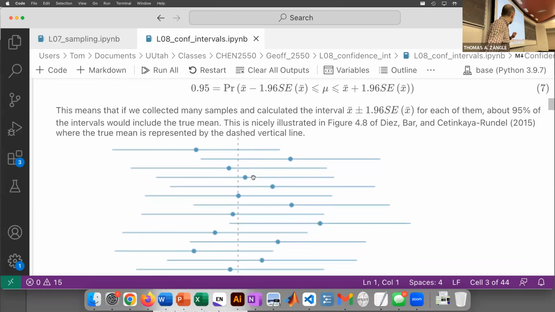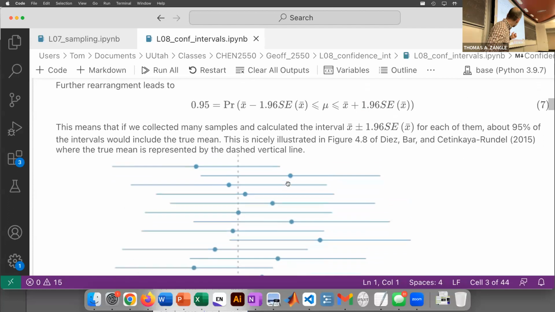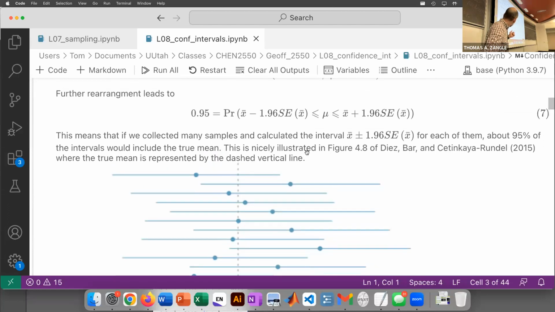And so this is some sample data where they're computing this range around X bar. We might sometimes write this confidence interval as the mean plus or minus the range.